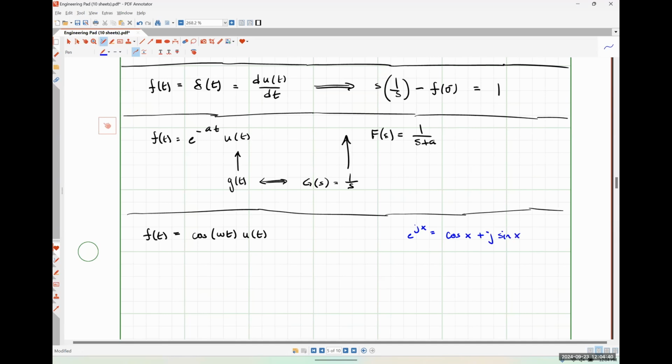Okay. So I can take this a little bit further, and I can say that e to the negative jx would be cosine of negative x plus j sine of negative x, right? Well, cosine of negative x is the same thing as cosine of positive x. And sine of negative x is the same thing as negative sine of x. So that will give me minus j sine of x.